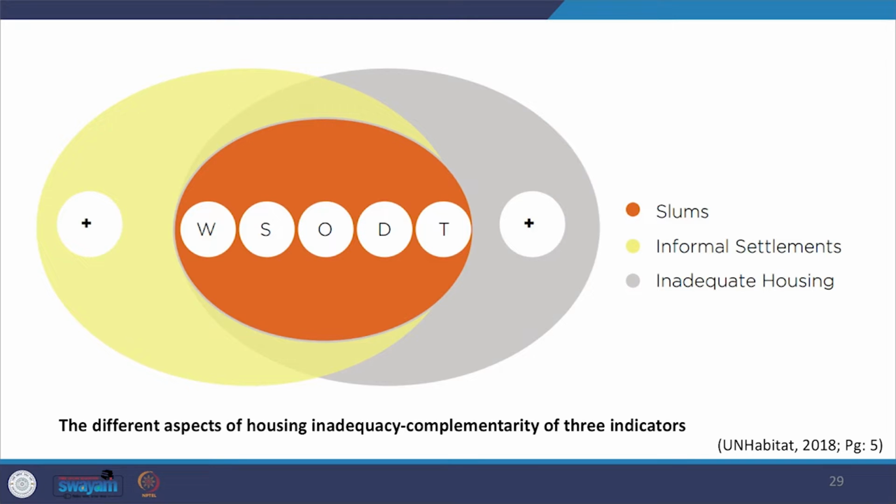Integrating these two aspects makes the indicator universal as it helps capture housing condition in both developed and developing countries, thus addressing the fundamental principle of leaving no one behind.